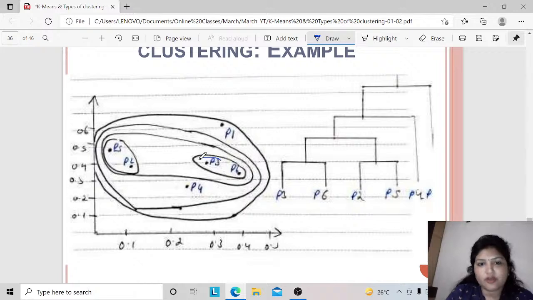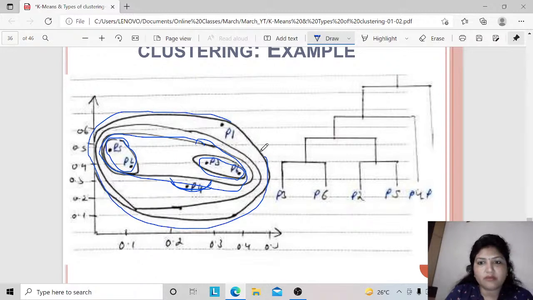First of all you find two data points, then this would be my second step, where you make the cluster like this. These are my two clusters that we have derived, then you merge with P4, and at last you combine all the points with P1.